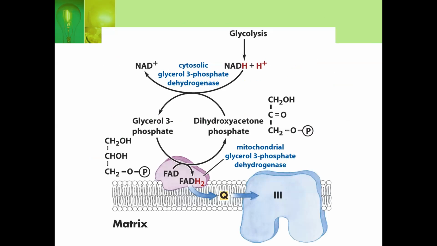So you give that reducing equivalent to the flavin. The flavin will then give its electrons to the ubiquinone, which takes the electrons to complex 3.